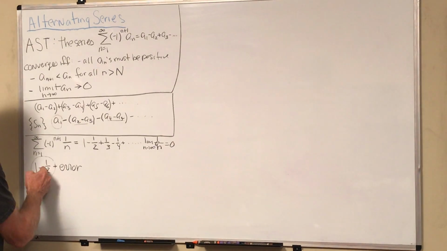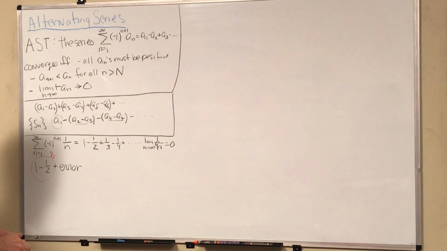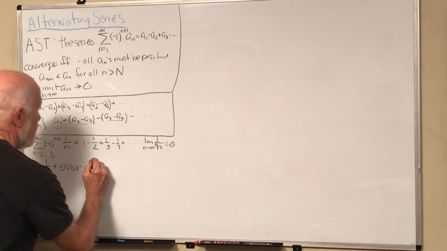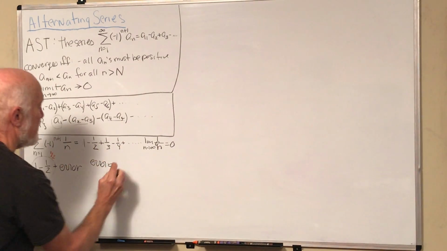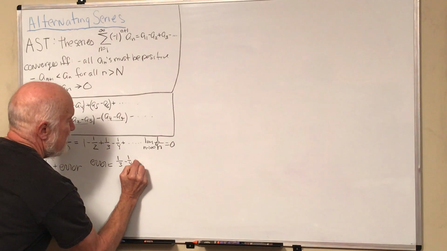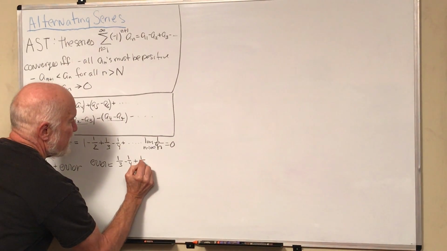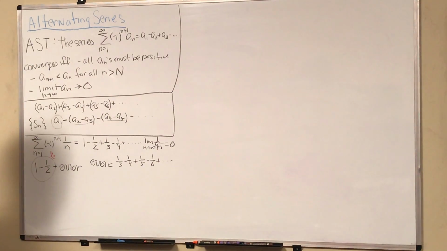I know this right here is 1/2. But how big is the error? Well, the error itself is equal to 1/3 minus 1/4 plus 1/5 minus 1/6 all the way to infinity.